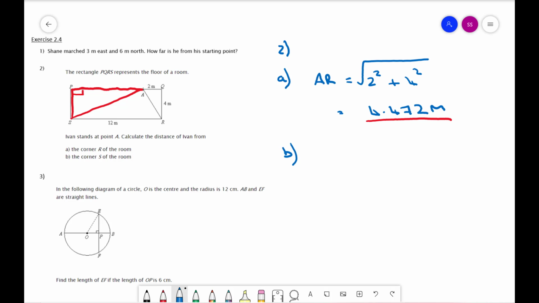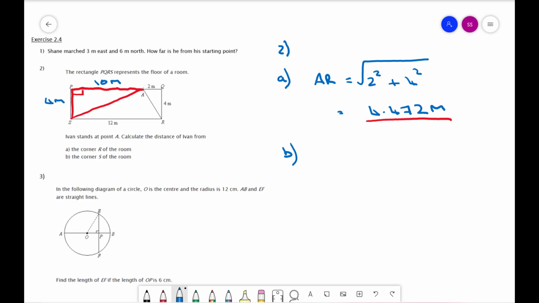Well, we can see at the bottom between S and R, it's 12 metres long. Well, if point A to point Q is 2 metres long, that makes this dimension here 10 metres long. The 4 metres from QR will be the same as the 4 metres from PS, and now we have the two sides of our right-angled triangle.